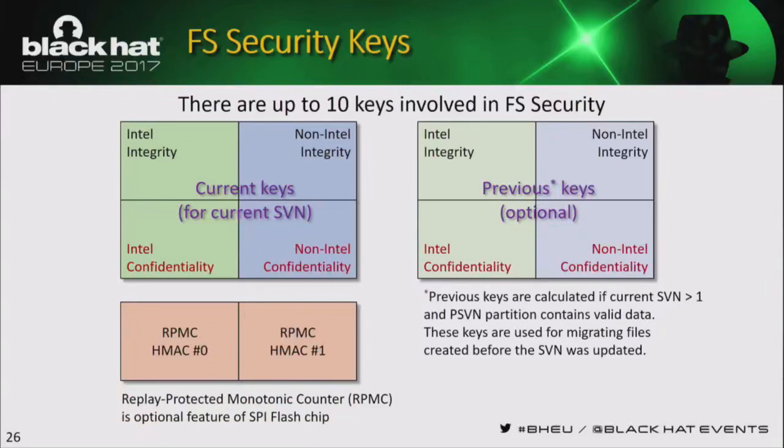And in this case, an additional set of keys would be calculated. And when the file system discovers that there is an attempt to access files protected with integrity or confidentiality and the current keys don't work, it tries the previous keys if they are available. And this allows migration after you change the firmware version to a new SVN.